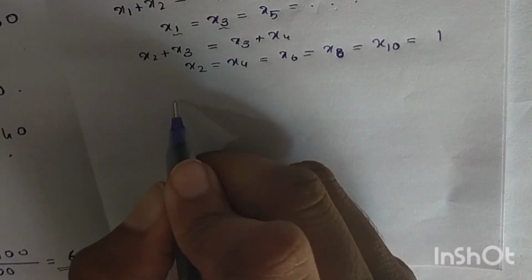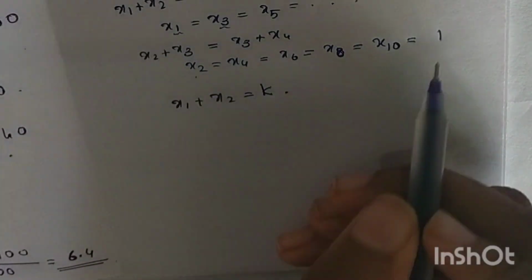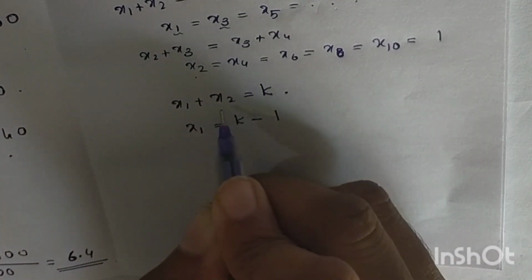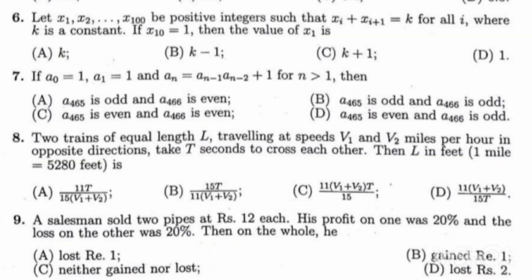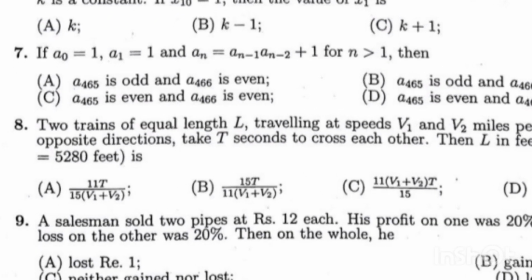So what can we say? If we take the first equation, x1 plus x2 equals k and x2 equals 1, we can say that x1 equals k minus 1. So the answer is option B, x1 equals k minus 1.